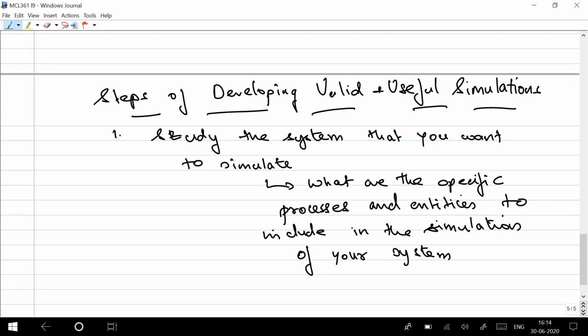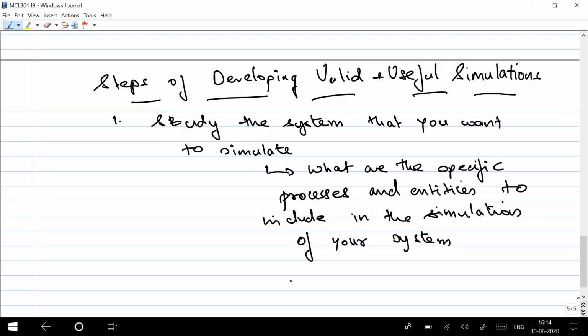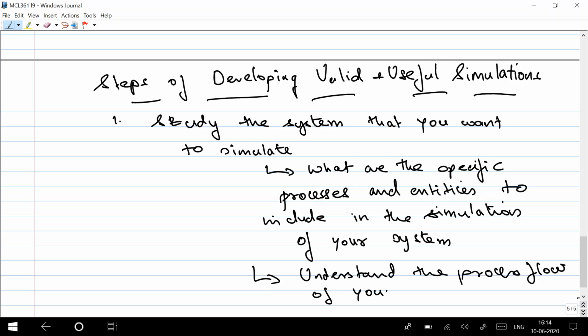Then once you have figured this out, you have to understand the process flow or the operational patterns of the system. Let's write that down. Process flow of your system.